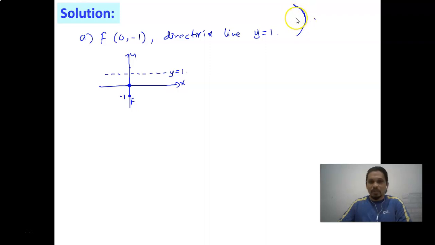The focus cannot be outside of it. It must be inside. So if this is the focus and directrix line, can we see that this is the curve of the parabola? No. The parabola is somewhere around here.